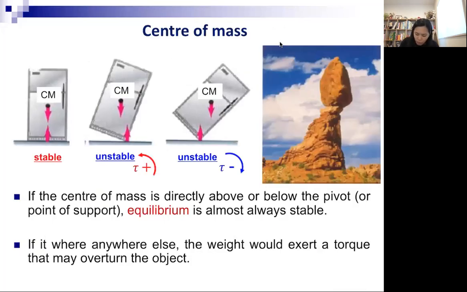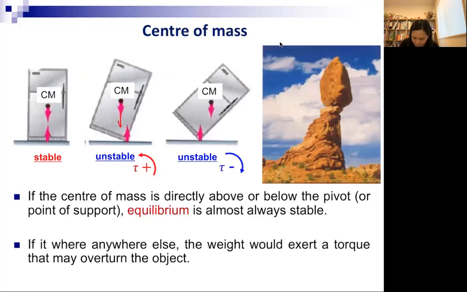Yeah, so for this refrigerator, this object here, say the center of mass is at this point. So if you balance it directly above the center of mass, then this object is stable. Notice in the second scenario, the center of mass is at this point. If you balance it here, gravitational force will act at the center of mass.